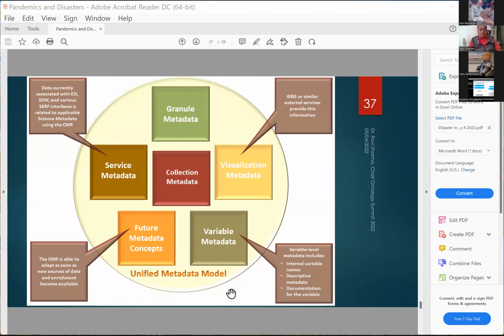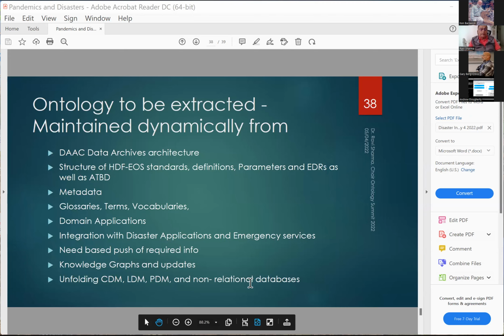Finally, coming towards the end is the metadata slide. This is what relates closest to our topic of ontologies. I won't dwell too long, but we have seen a lot of them up there in different slides.